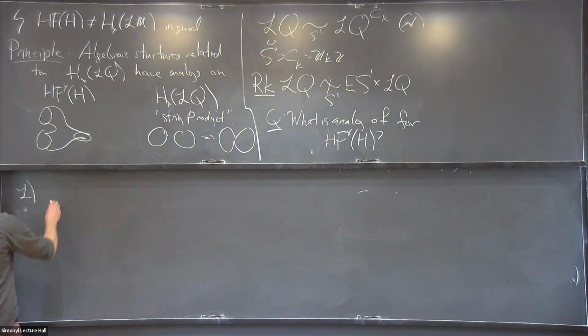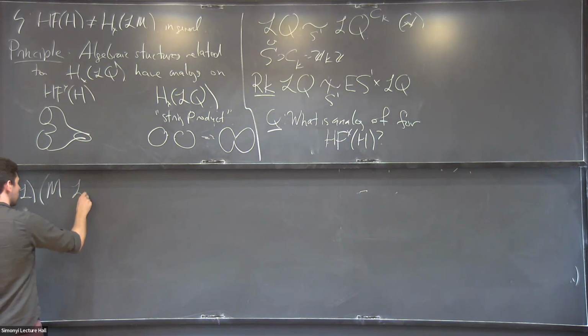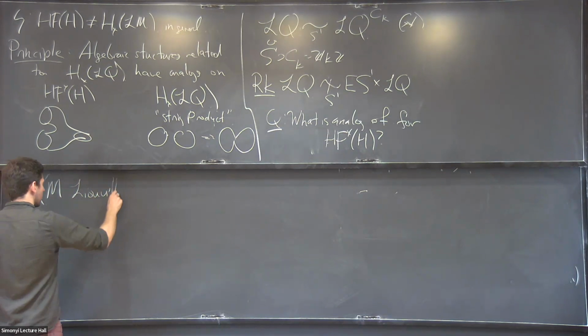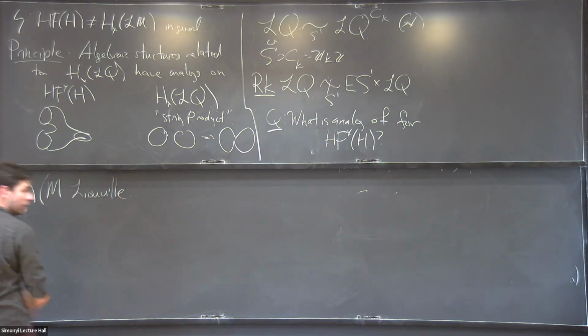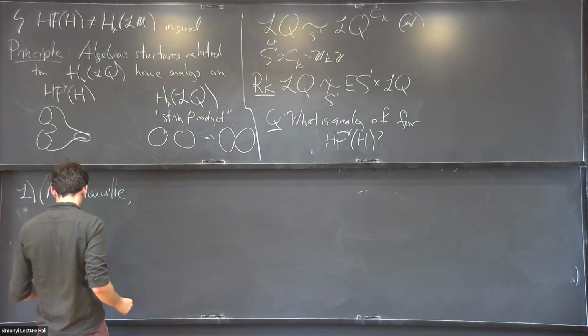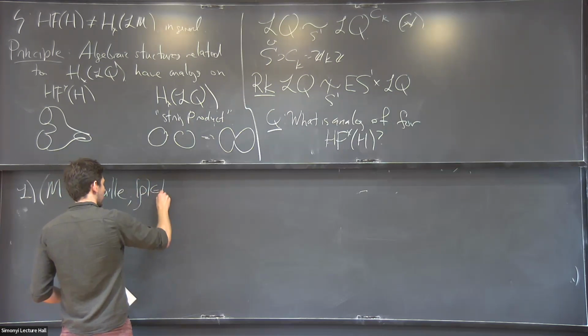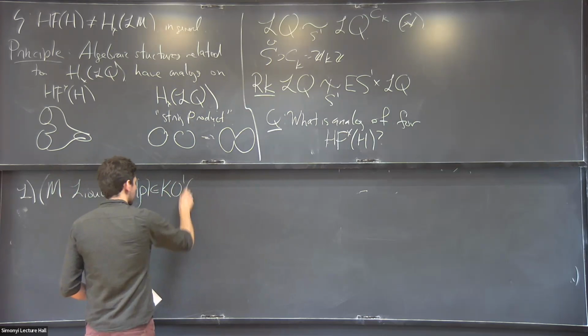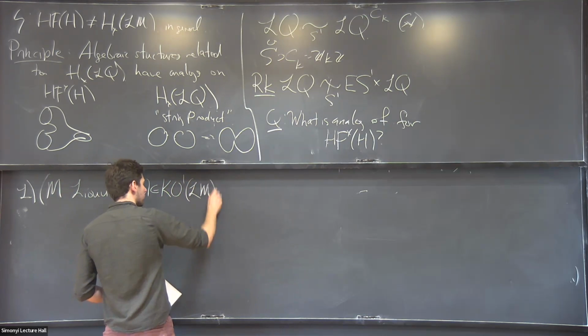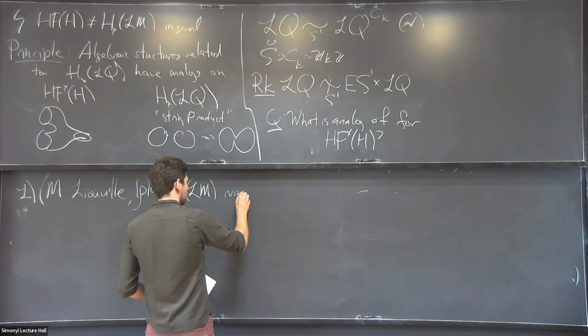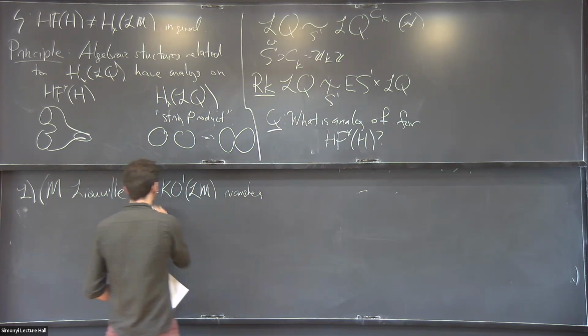I'm going to make some conditions here, which I will mostly explain. Say M is Liouville, which is basically those conditions. There's some class in KO theory of the free loop space, which vanishes. This is called the polarization class.